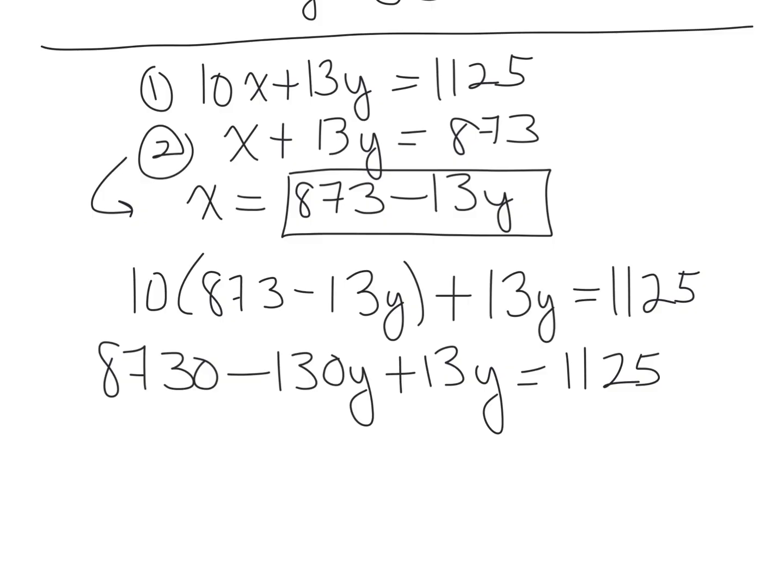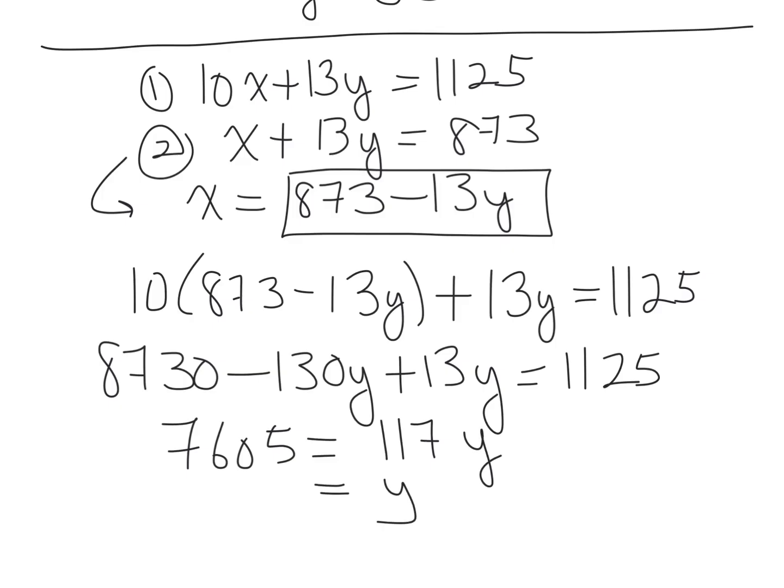I have 8,730, and I'm going to subtract 1125, and I'm left with 7,605 on this side. I have negative 130 and 13, so I'm going to have on the right side 117y.